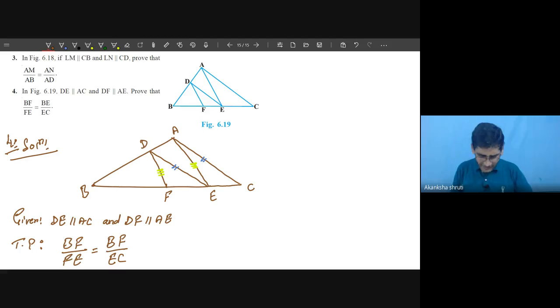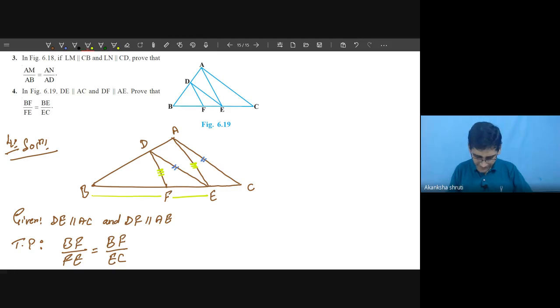So BF, start with B, go for F. So BF, it is this one. Then FE, it is this one. Understand this. How can I get this BF and FE? This can be obtained from the triangle BEA. It is this triangle.